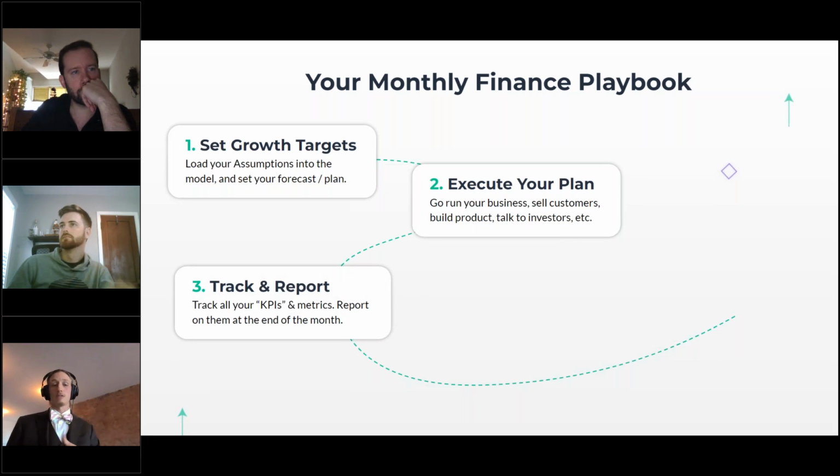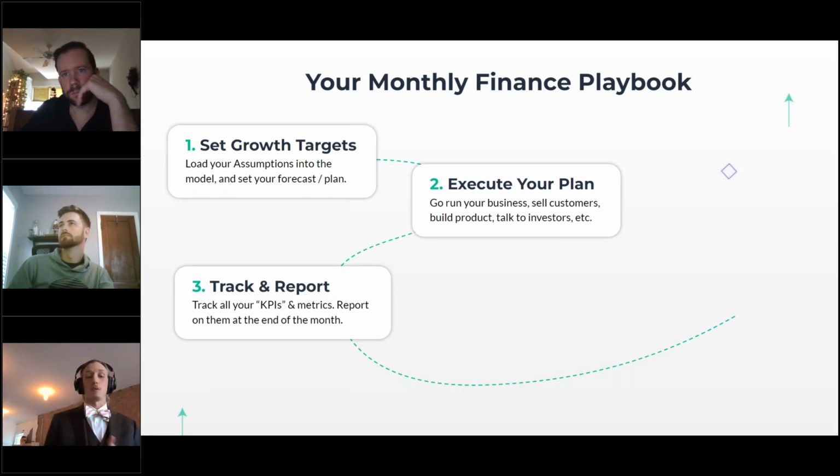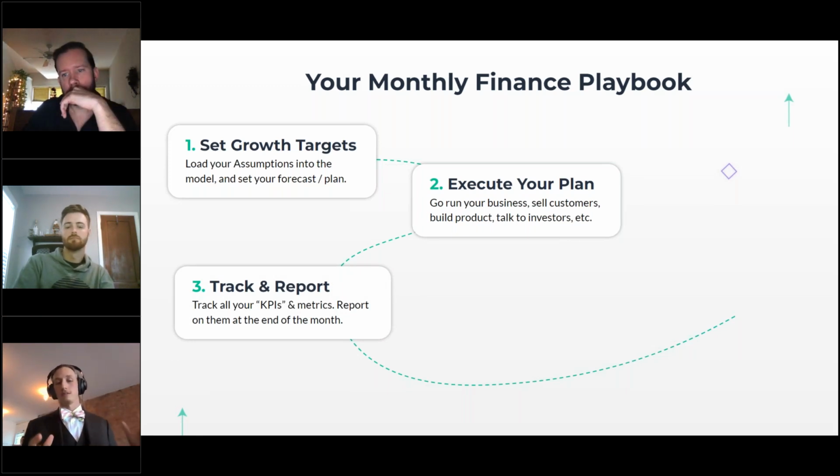Once the month closes, we're tracking and reporting. You really want to have systems in your company, and this could be in a spreadsheet, or it could all live in your financial model. But you want to make sure you can track all the key metrics that help you understand whether you're going to hit those growth targets or not.